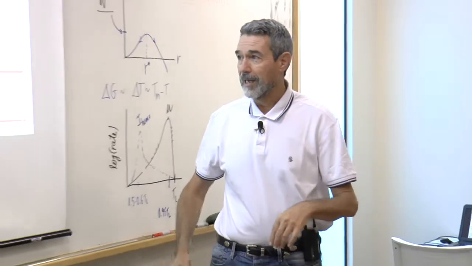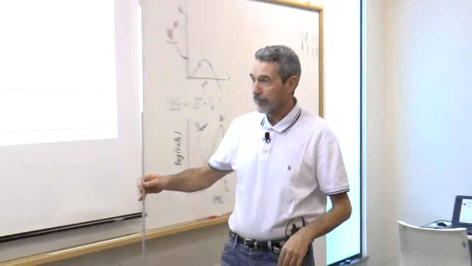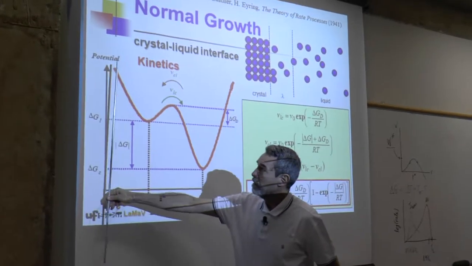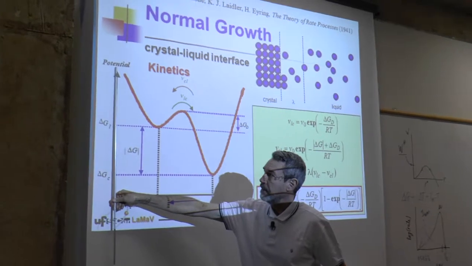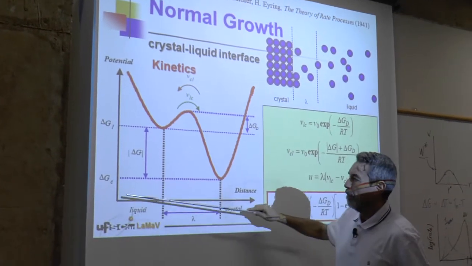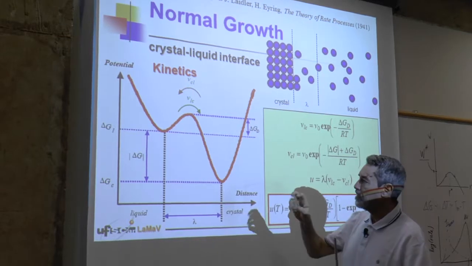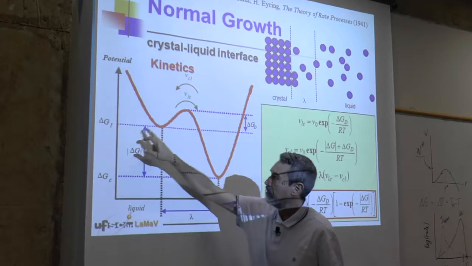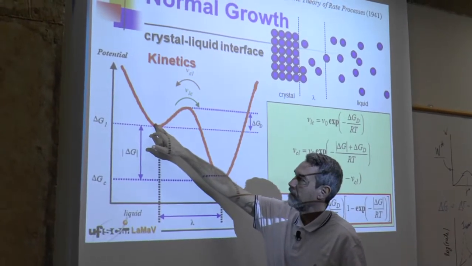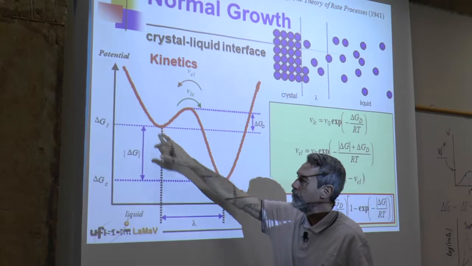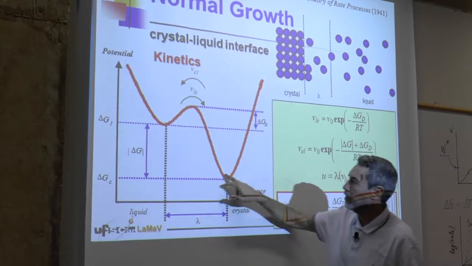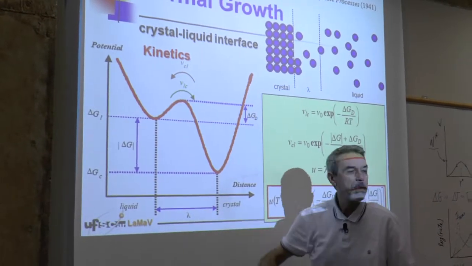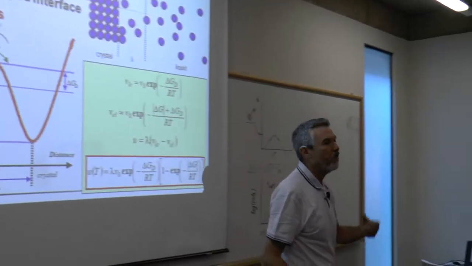A very nice way to describe crystal growth is by using this plot of free energy versus position. Then you have a set of atoms in the liquid, L, and then they move to a crystalline arrangement, and this is a jump distance lambda, which is maybe 1, 2, 3 angstrom.